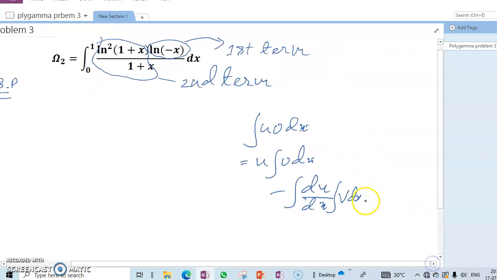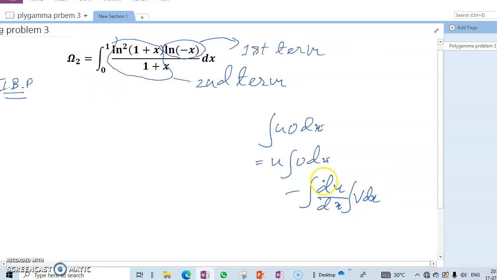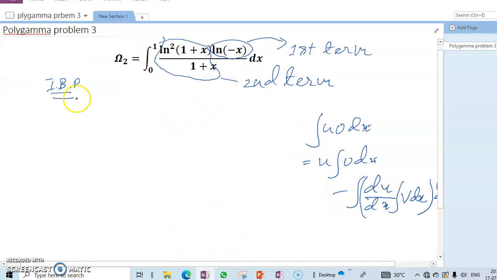Okay, this is the integration formula. I hope everyone knows this IBP formula. Those who want to view these integrations, they are very basic integrations. The problem is very easy.